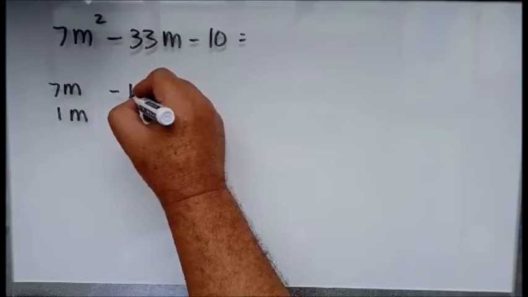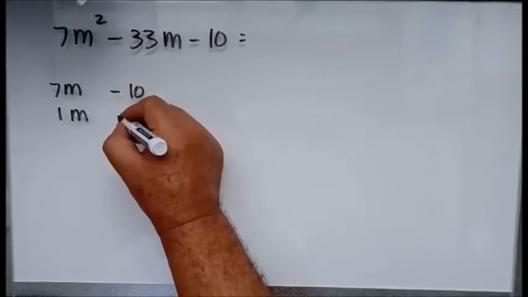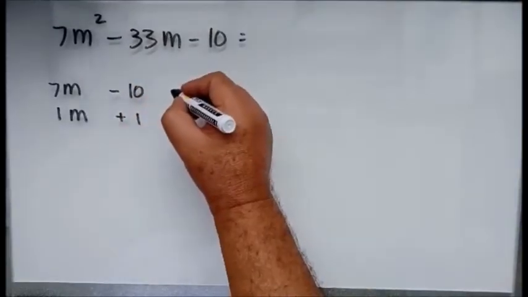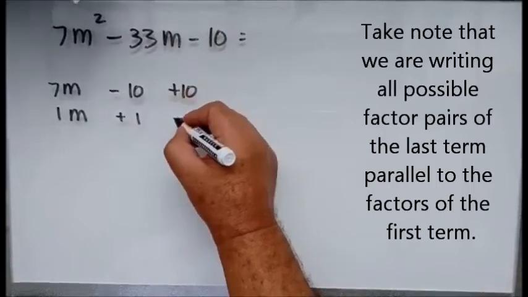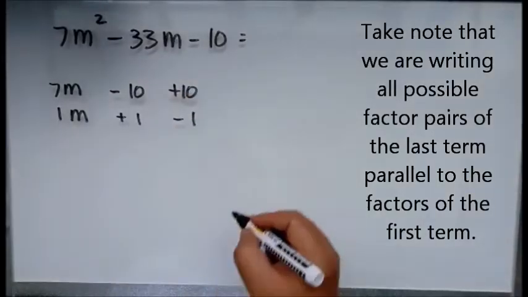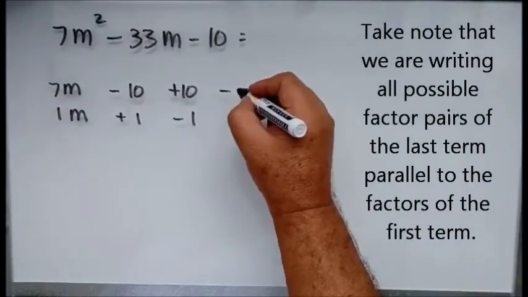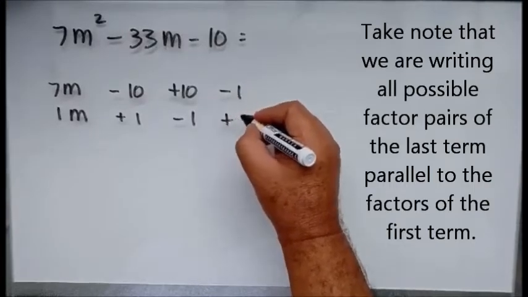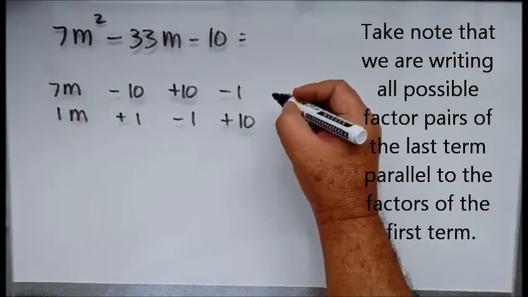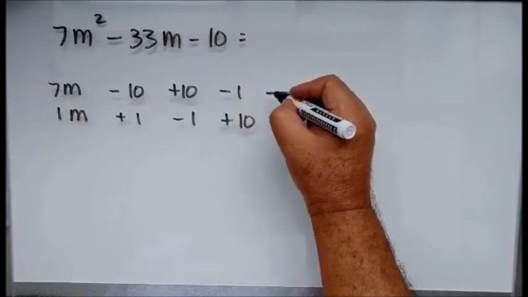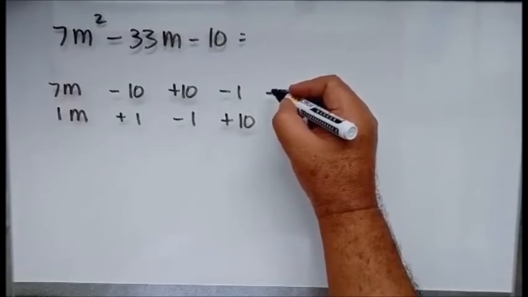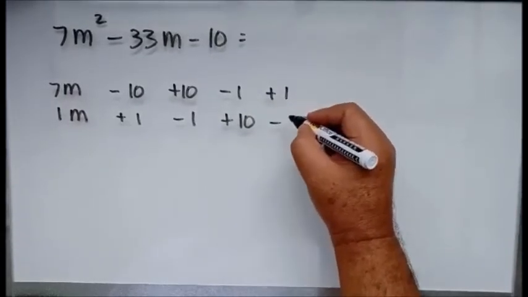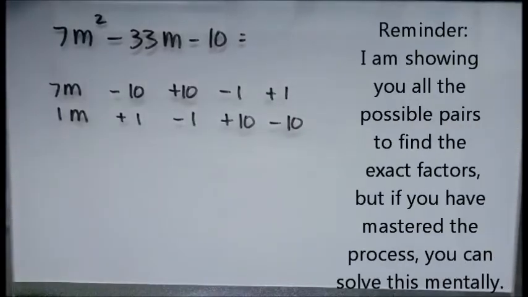Let's make it negative 10, positive 1, or positive 10, negative 1, or negative 1, positive 10, or positive 1, negative 10. Okay, we have 4 pairs here.